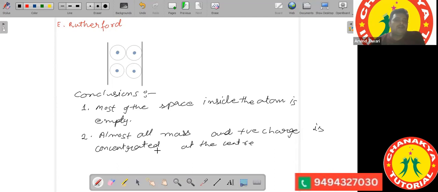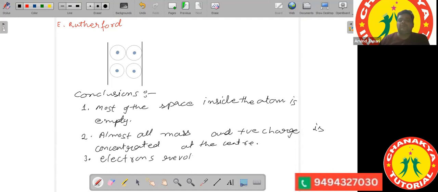How did he conclude this? Since most of the alpha particles pass straight and a few bounce back, an alpha particle will bounce back only if the mass is heavy and very small. So almost all mass and positive charge is concentrated at the center. This is the second point. Then the third point is that electrons revolve around the nucleus.